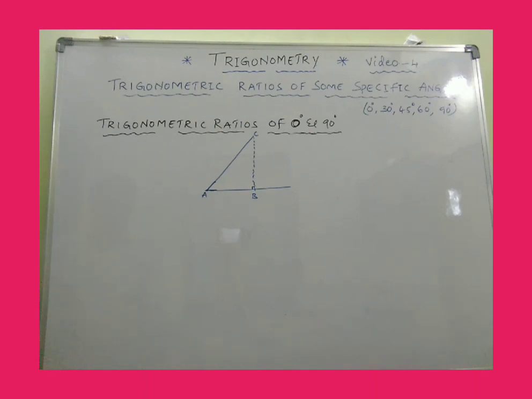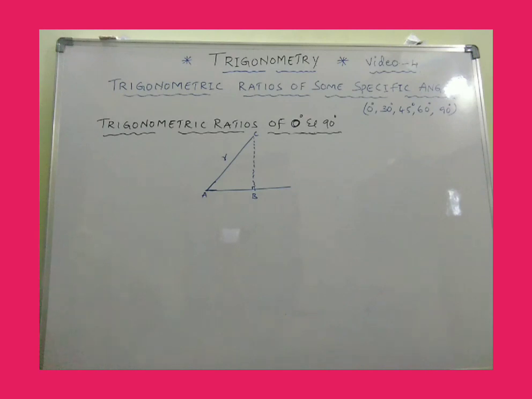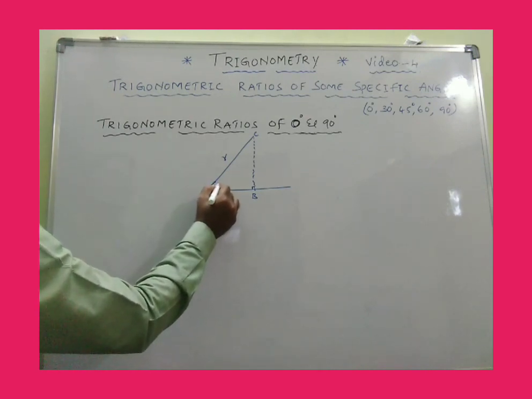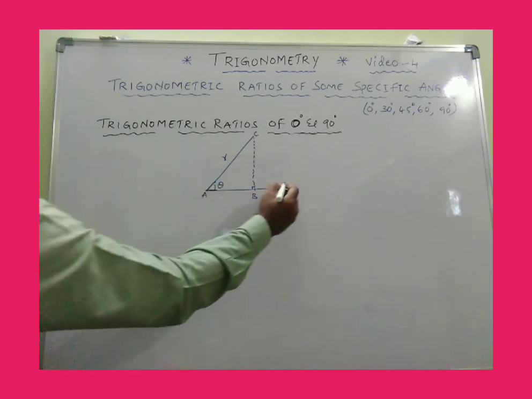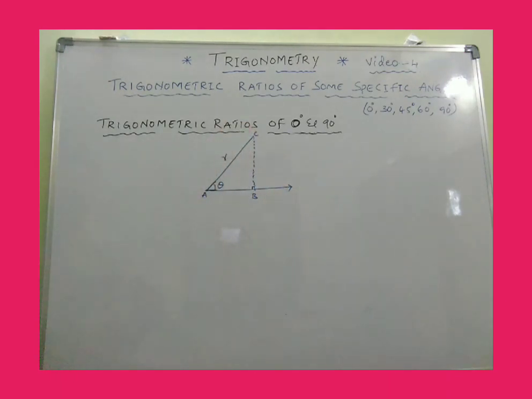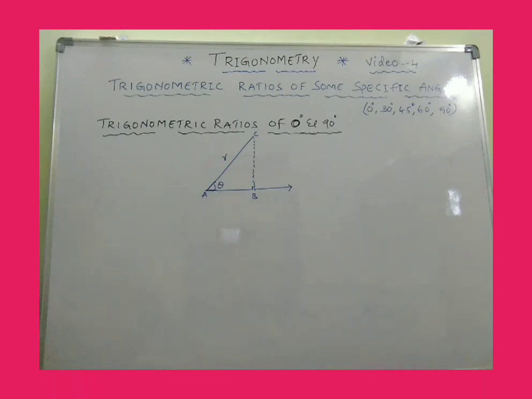For that, let us consider AC, a line segment of length small r, which makes an acute angle theta with the ray AB. Okay.